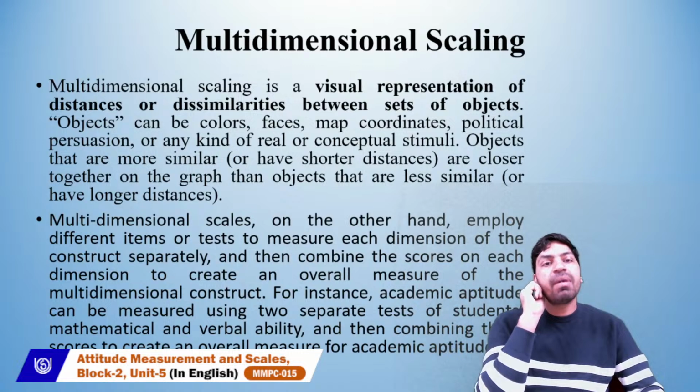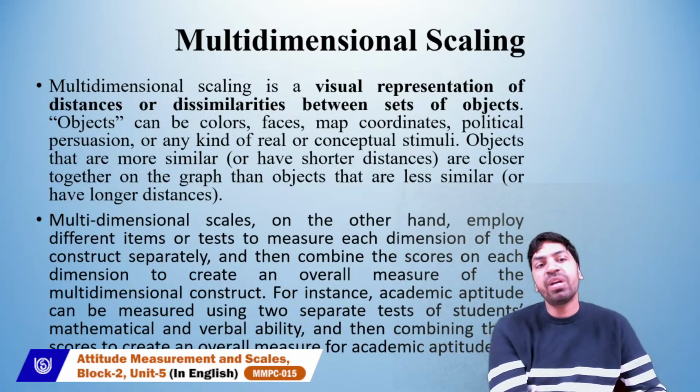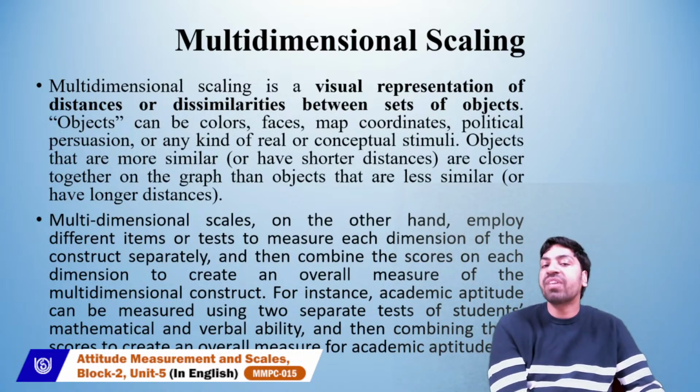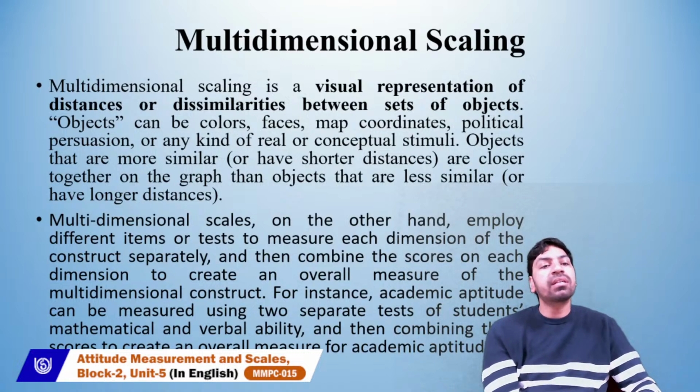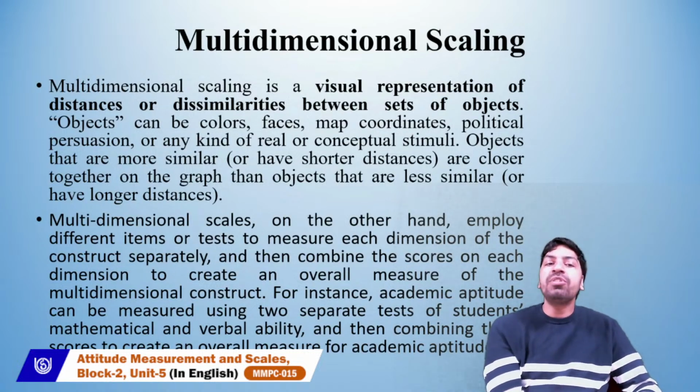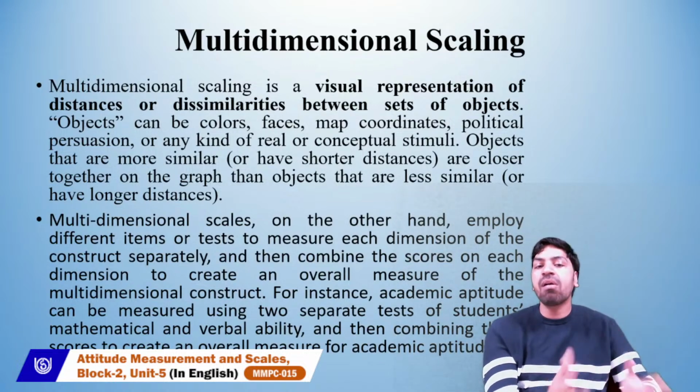That becomes a multidimensional scaling, where the objects can be colors, faces, maps, coordinates, political, any kind of conceptual objects. Objects which are more similar are closer together on the graph, and those which are less similar are at a longer distance.